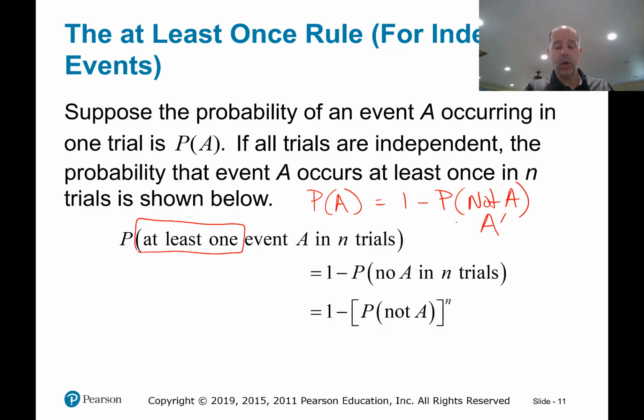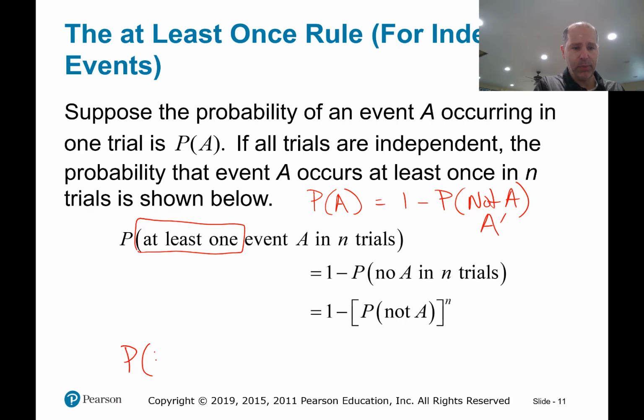Okay, so now I can use the complement rule with at least one, because if you have at least one of something, the opposite of that, or the complement of that, is none, right? So I either have 1, 2, 3, or 4. So at least one means I have 1, 2, 3, or more, right? So if I want the complement of that, or what's not at least one, that would be none. So if I use the complement rule with at least one, then I use this way.